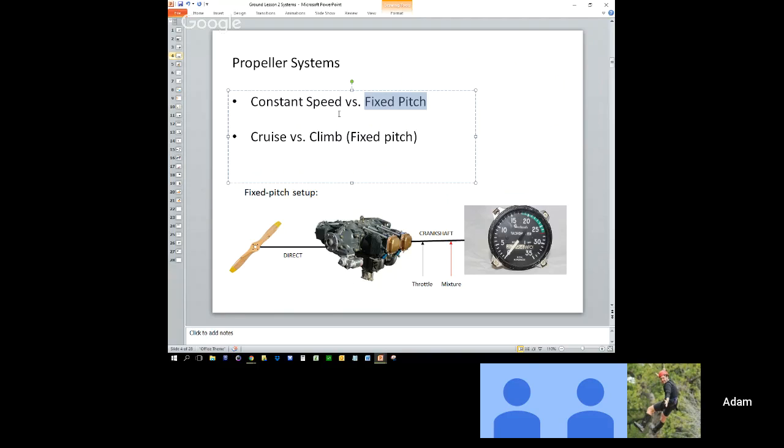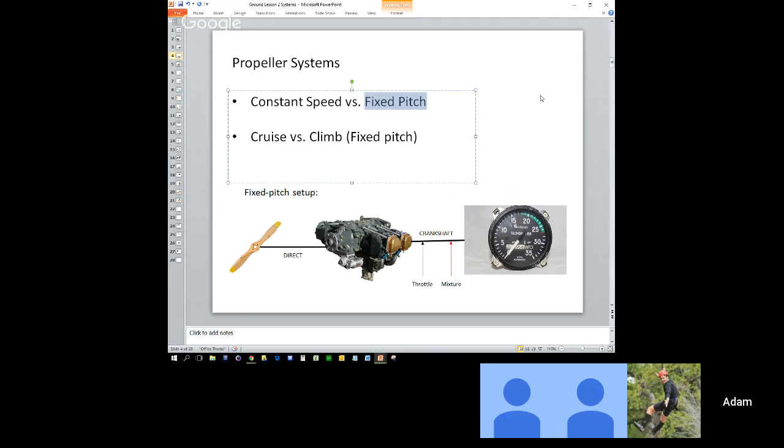Whereas if you've got a propeller where you can change the blade angle, you can optimize the blade angle for the type of flight that you're in. So if I'm climbing the aircraft, I want maximum power from the engine. If I want maximum power from the engine, I want minimal drag from my propeller. Minimal drag from my propeller would be a low blade angle.